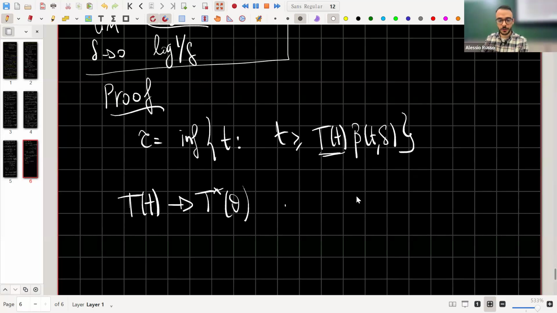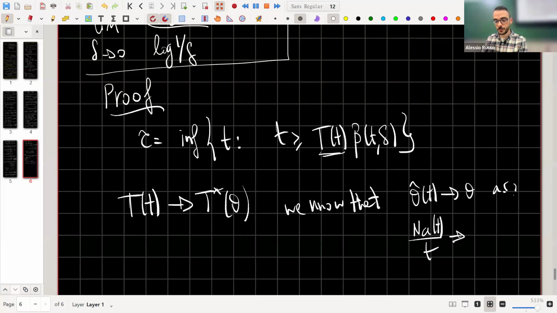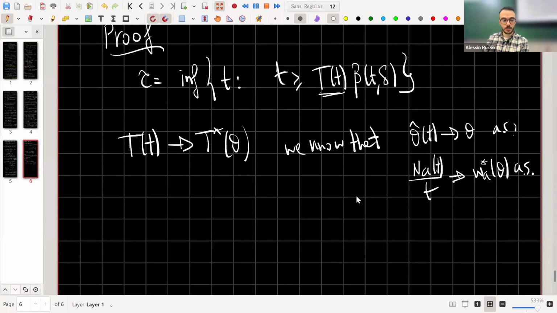It will converge because we know that theta_t converges to theta almost surely. And we also know that N_a(t) divided by t converges to w*_a(theta) almost surely. Remember that the empirical characteristic time is this quantity with the infimum.